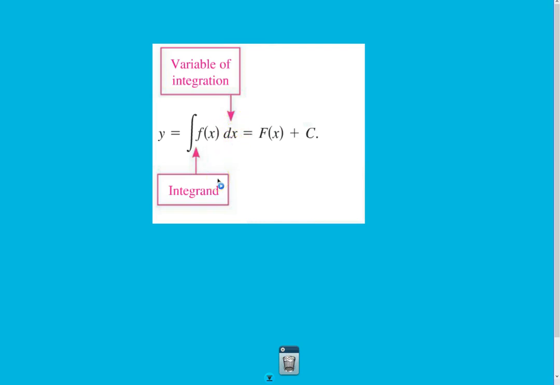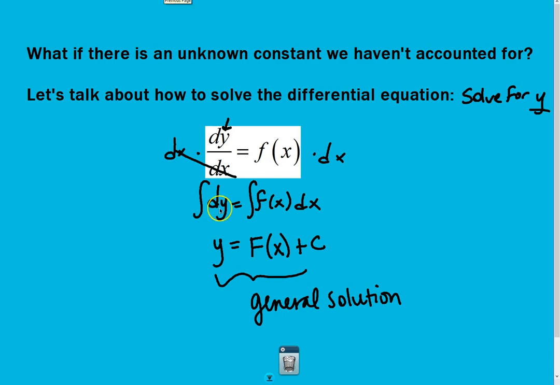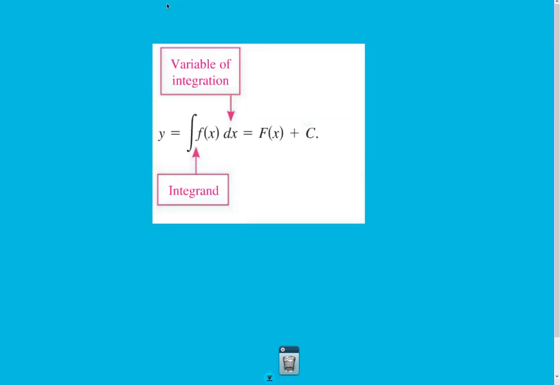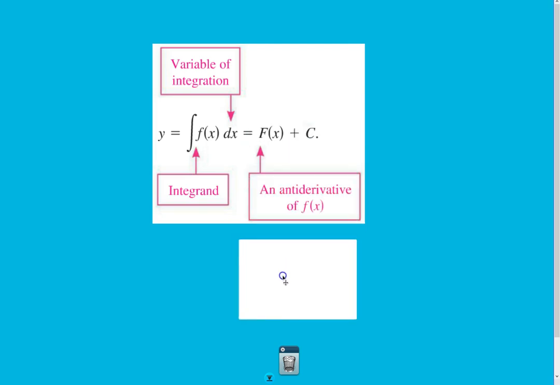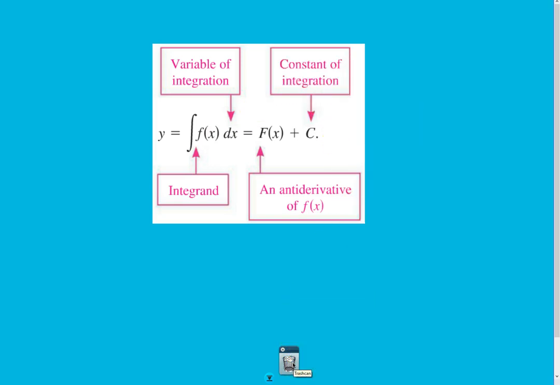So just like we differentiated with respect to x, now we integrate with respect to x. On that last bit right here, we technically integrated this side with respect to y. It works the exact same way as you would with respect to x. And over here, that is our antiderivative of f of x, and then that plus c is our constant of integration. So that's breaking down all of the parts.